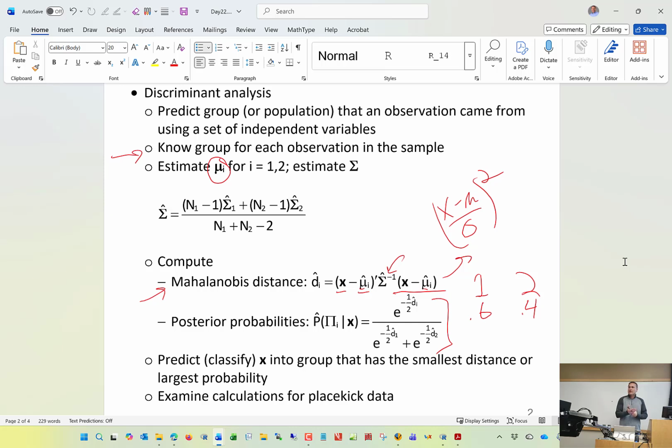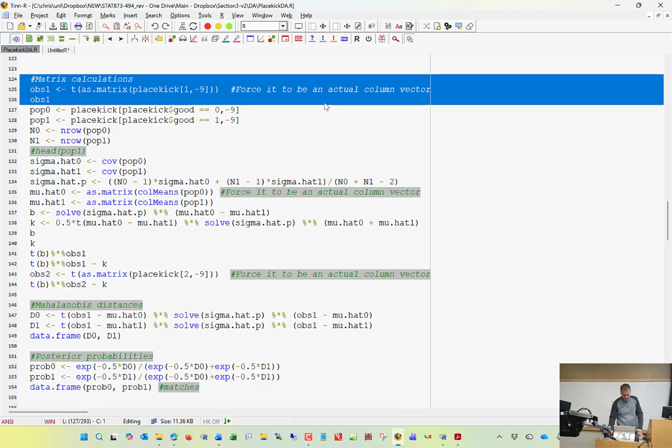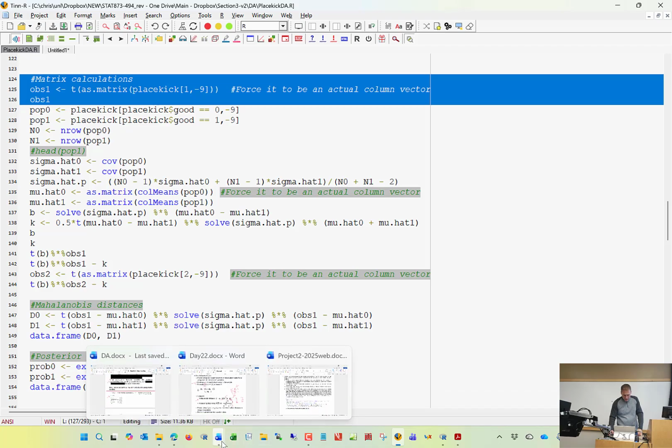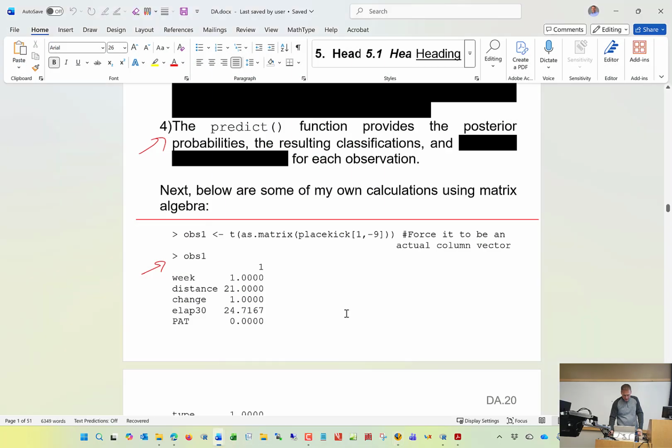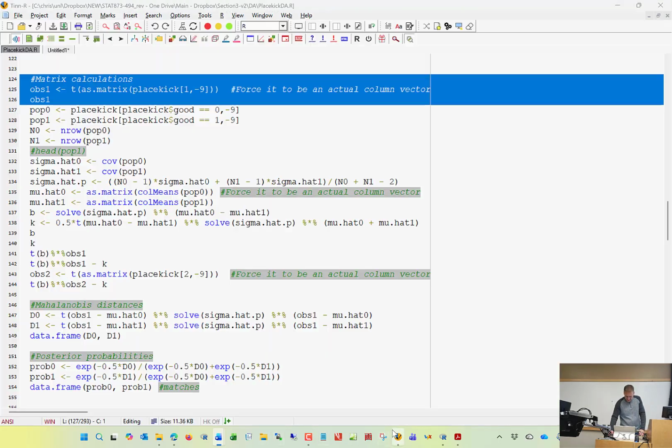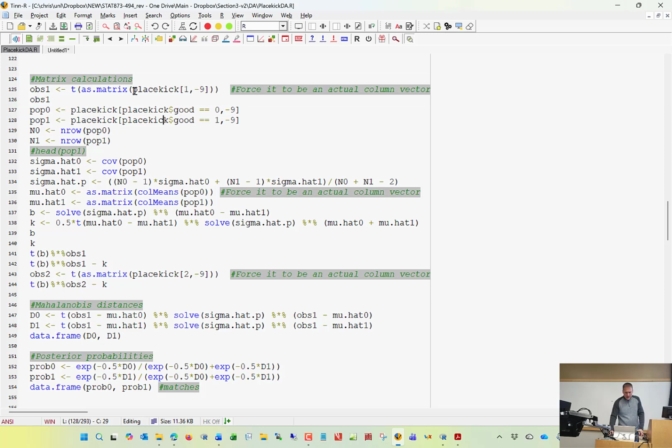Calculate two means, calculate two covariance matrices, get that pooled covariance matrix, calculate a distance, calculate a probability. That's it. So let's take a look at how we can do that in R. To show you where we're at in the notes, as a reminder, we started doing a little bit last time. This is about page 19 in the notes. Okay. So let's take a look at our data set.